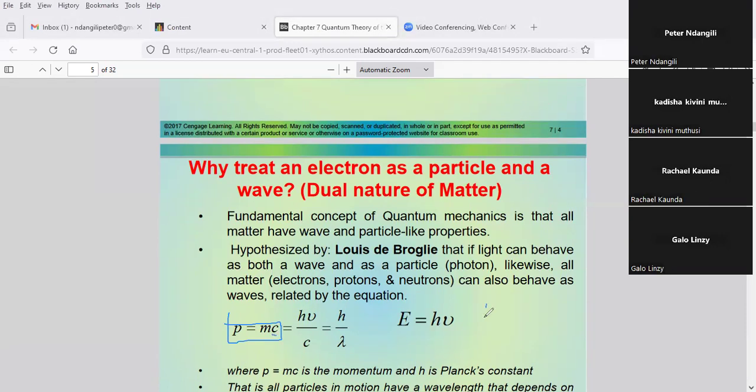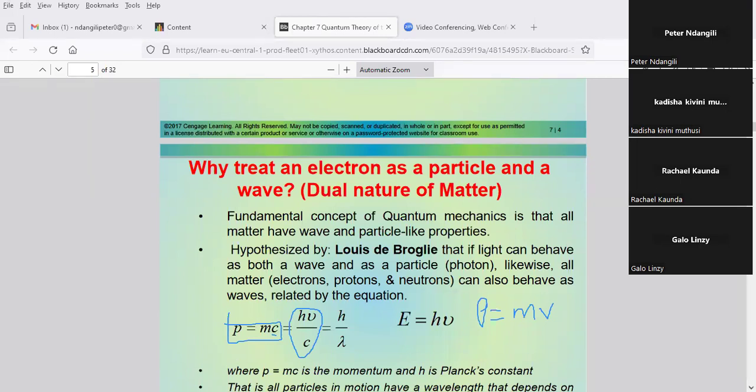Generally, the equation is p is equal to mass times velocity of light. So that is what is used, and that is where we are moving from this to this expression here. Have I clarified?